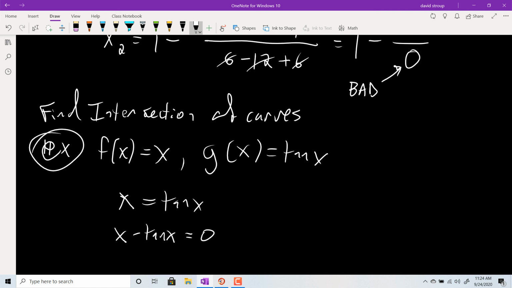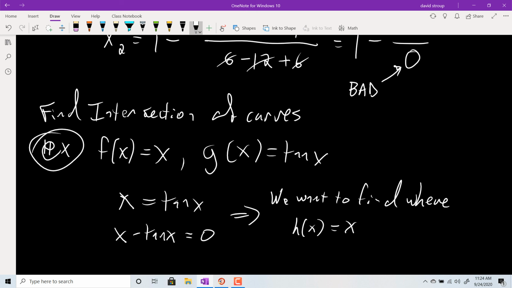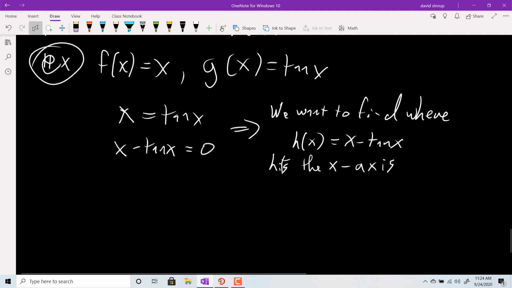So ultimately we want to find where this new function, we'll call it h of x, which equals x minus tan x, hits the x-axis. So you've changed the problem of finding intersections into a problem of finding a 0 or a root.